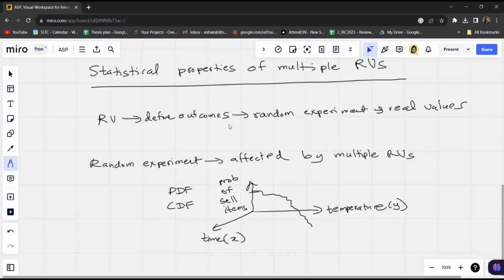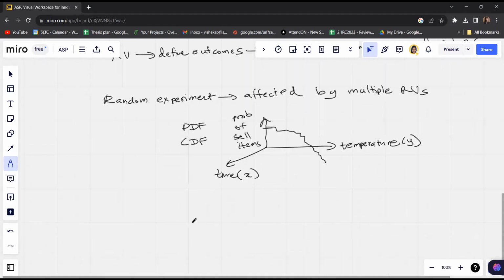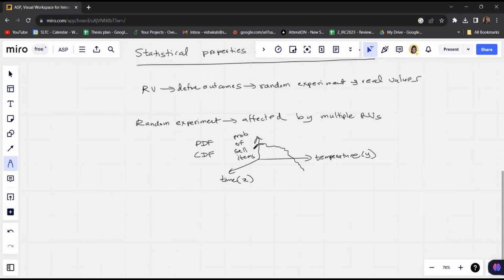Apart from that, another important property of this kind of experiment is the average, which we denote in statistics using the expectation operation. I think you all know what average is, right?